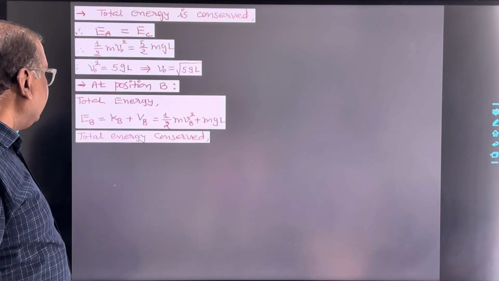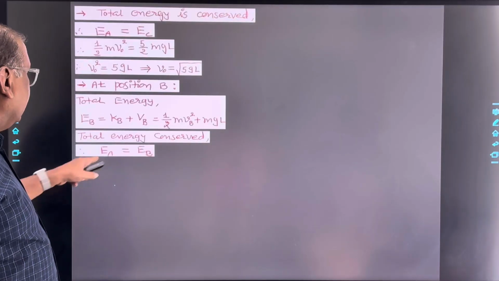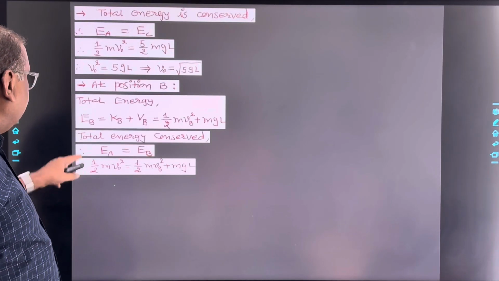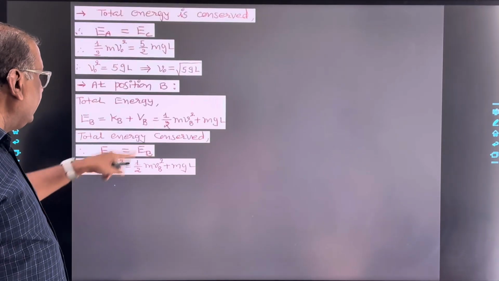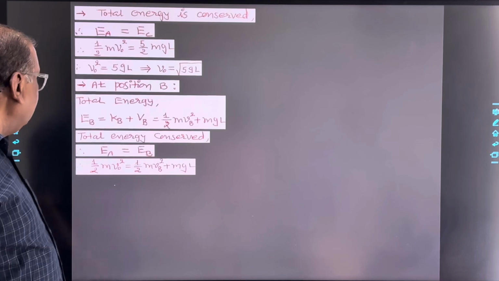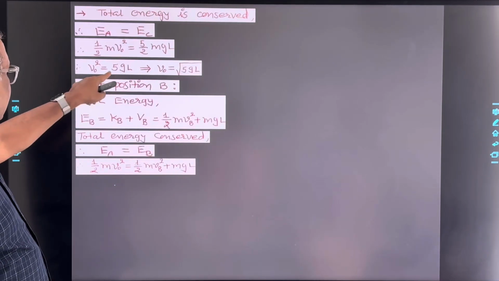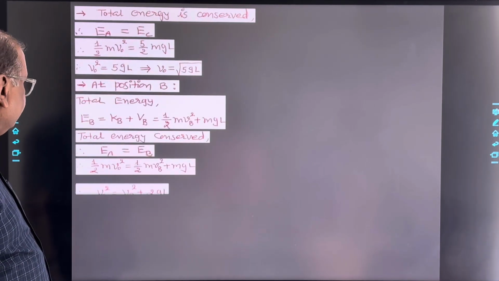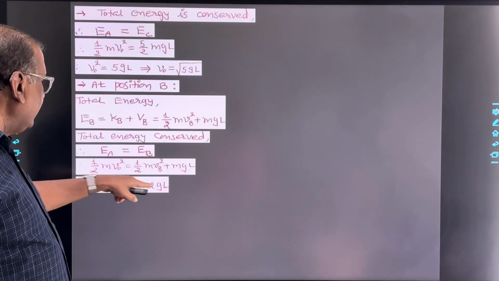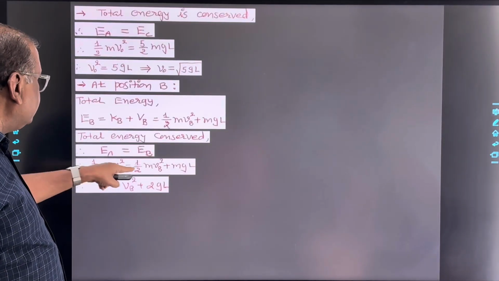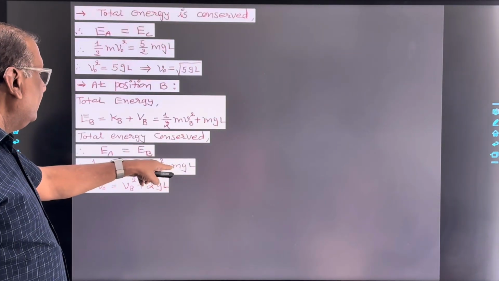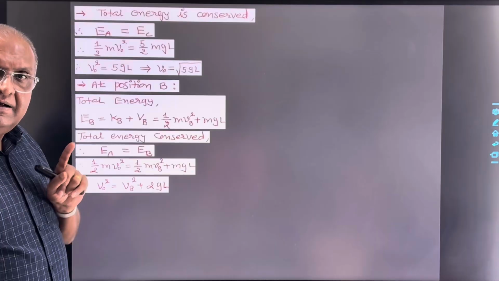So again we can write EA equal to EB. EA is half m v0 square, and EB is half m vb square plus mgL. Here v0 square is 5gL. So v0 square equals vb square plus 2gL, where 2 is taken common and this one is multiplied by 2.